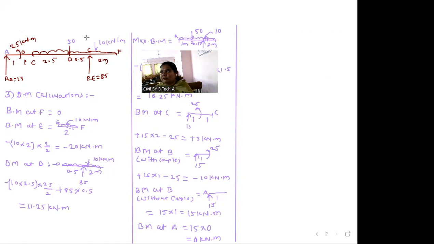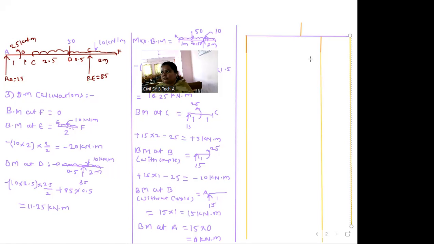First I will draw the original beam. Here B point is there.